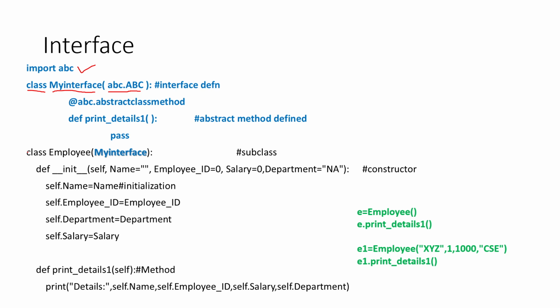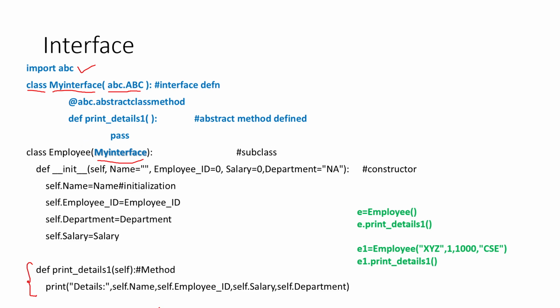Now, a small modification compared to the previous one. The class employee is going to implement the interface, my interface. So this should be given inside the bracket. This observation you have to make. The my interface is going to be implemented by employee. Rest of the things are the same. The thing that you have to note, this particular method should be defined here.